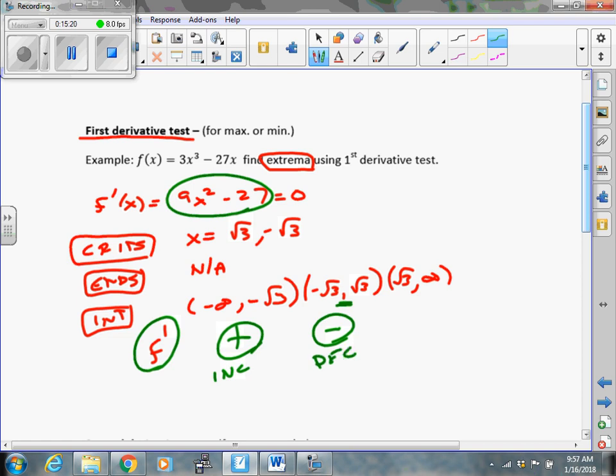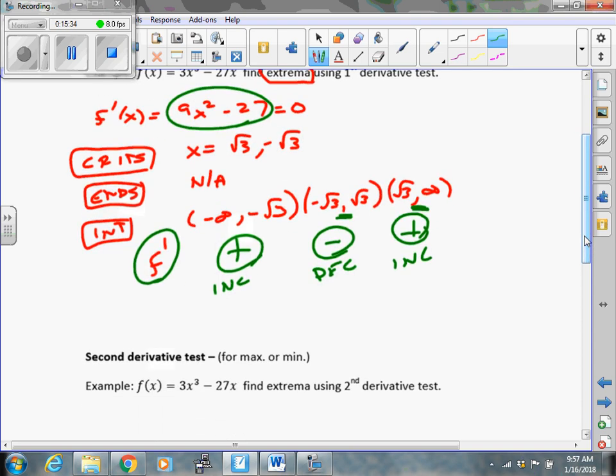And then if I pick a number over here like 10, in this region I get a positive number. So I have this function that's increasing, decreasing, and increasing, which tells us we have a local max here, and here, I've got a local min.